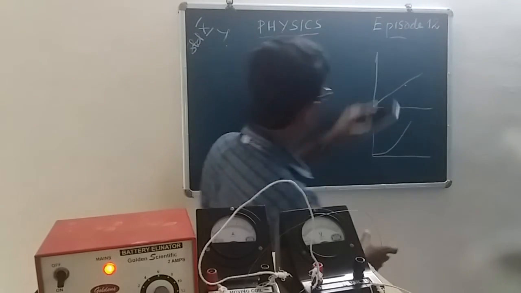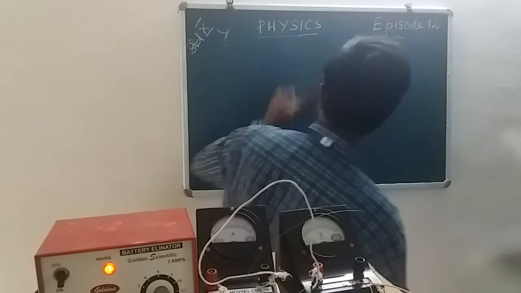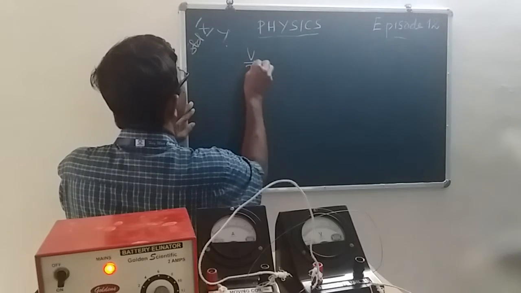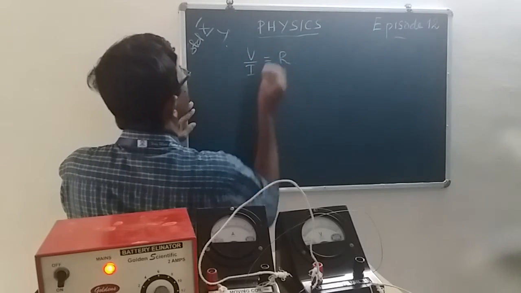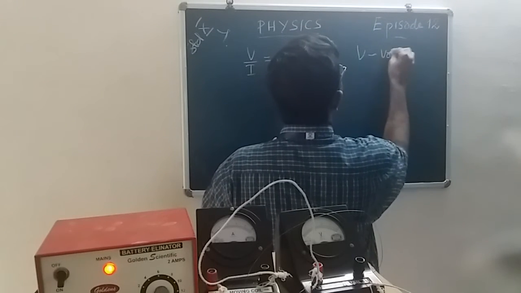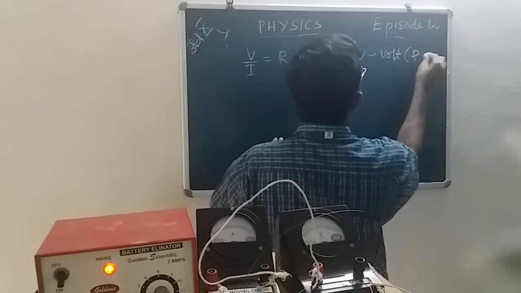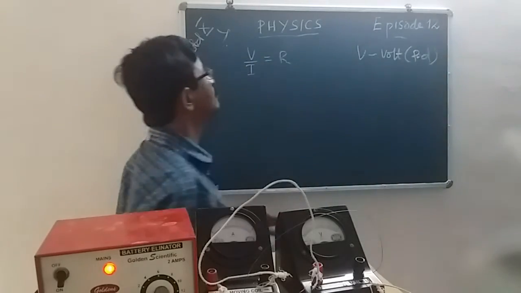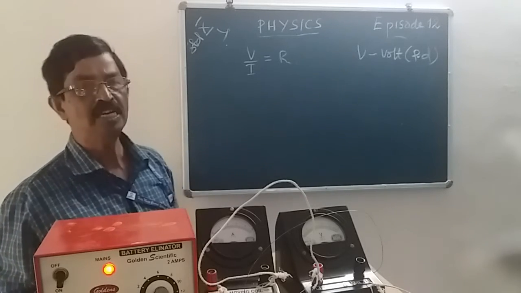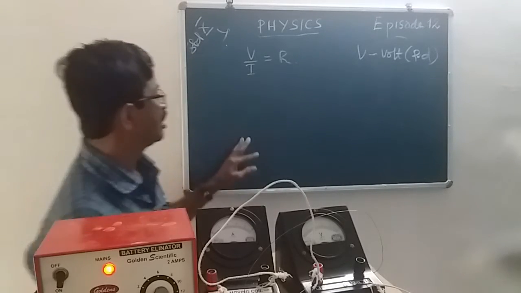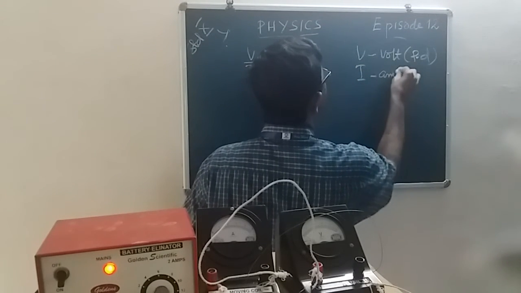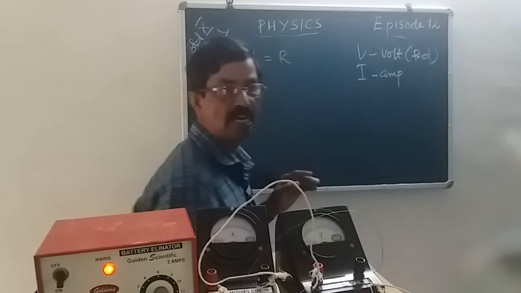Which equation did we get from this? V by I is equal to R. Here V is the potential difference, and its unit is volt. You want to remember this when solving problems. Then I is the current, and its SI unit is ampere.